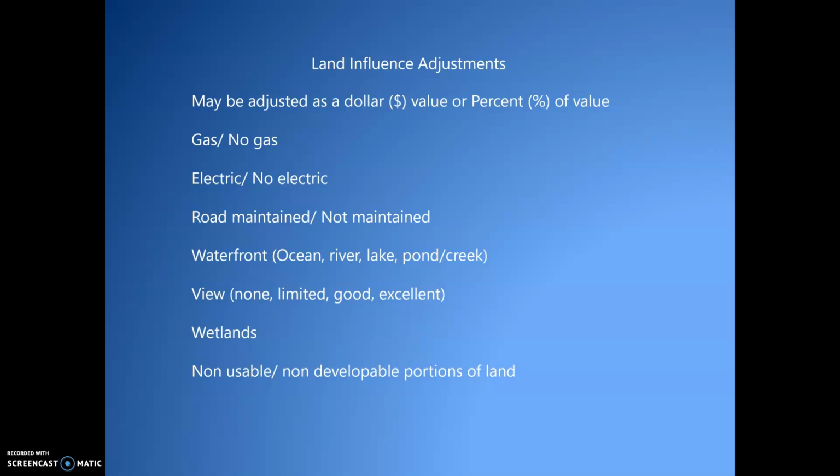Influences we make adjustments for: natural gas, whether you have it or not, electric utility, the type of road access you have, if you are on any sort of body of water, the type of view, and we will review views in more detail shortly. Also wetlands and usable, non-usable portions of your property.